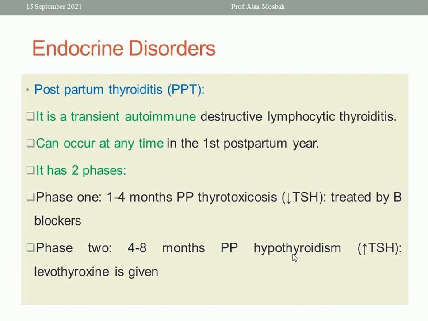Of course, TSH is lowered, and this patient is usually treated by beta blocker to control the symptoms of thyrotoxicosis. While phase 2, from 4 to 8 months postpartum, with hypothyroidism, of course, serum TSH is elevated, and you should give the patient levothyroxine to control hypothyroidism.